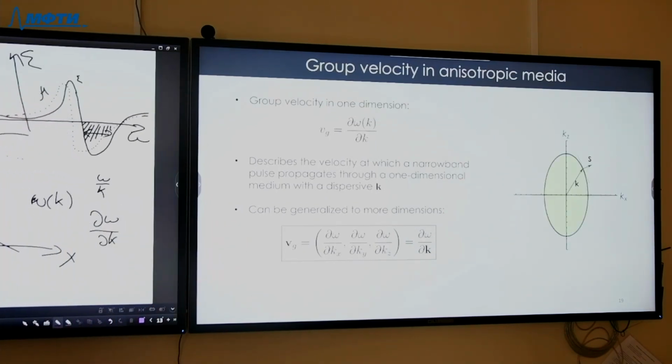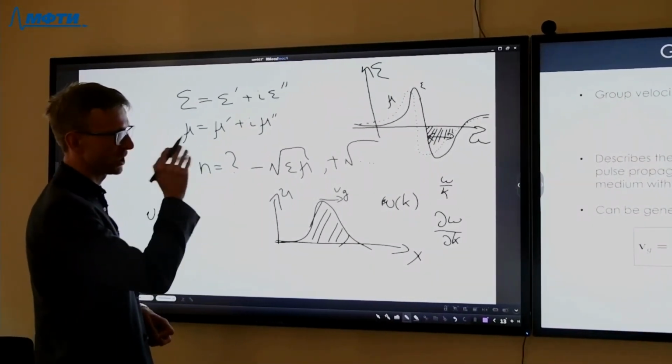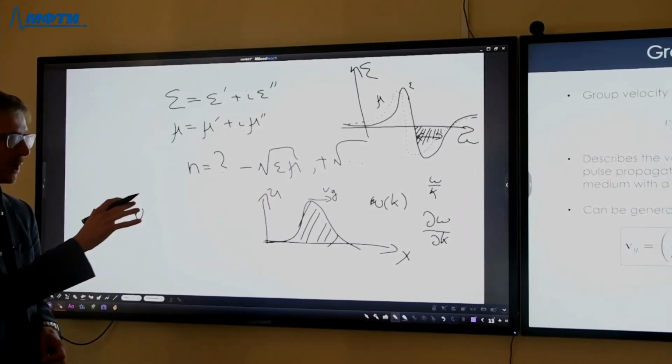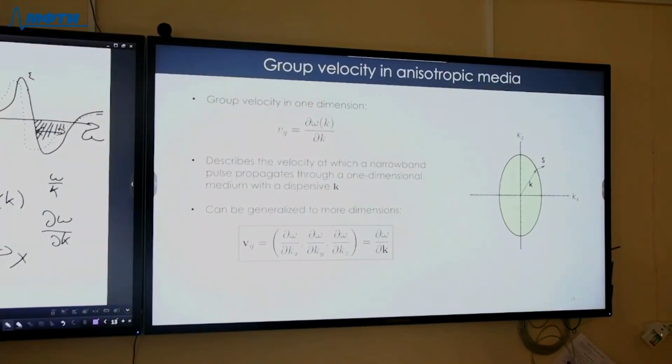So let's say that we fixed a certain frequency in our isofrequency equation, in the Fresnel equation. Then the normal to the resulting isofrequency contour will point in the direction of the group velocity.